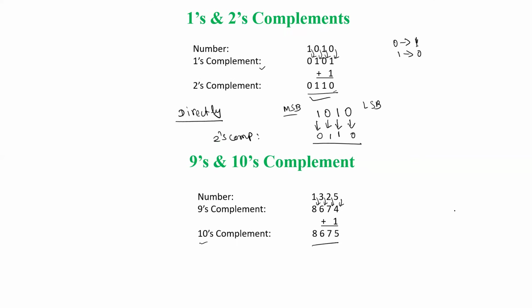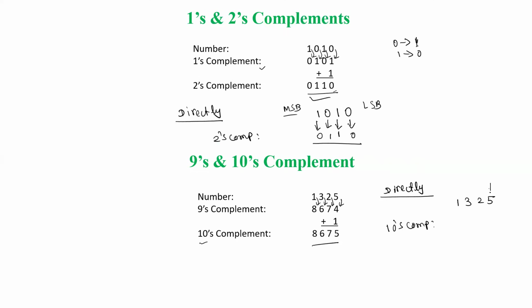And to obtain the 10's complement directly, the number is 1, 3, 2, 5. What is the rule for the 10's complement? Leave the 0 unchanged, but there is no 0 here from the LSB side. After that, subtract the first non-zero digit from 10.